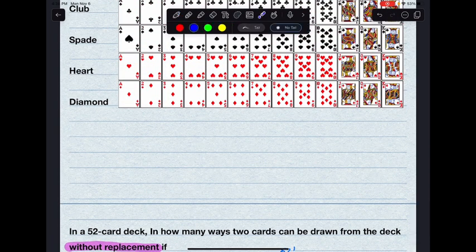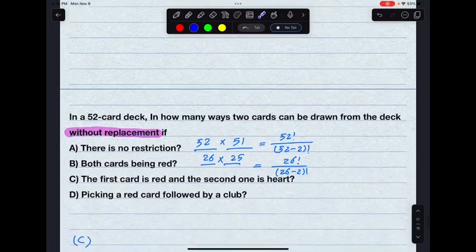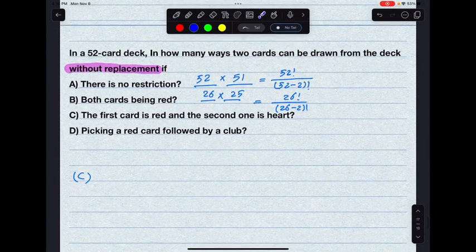Okay, so if the first card is a heart, so we gonna have one of these 13 cards, then the second card must be how many? It's like 12. But what if the first card is a diamond? If it is diamond, for the first one we have 13 diamonds, and for the second one we have 13 hearts. So two different options, and we use addition principle here.